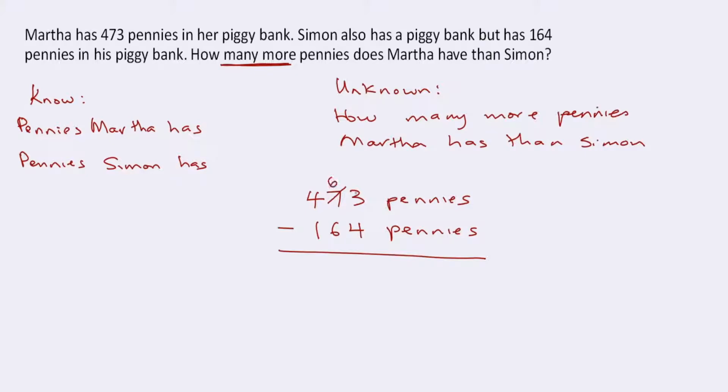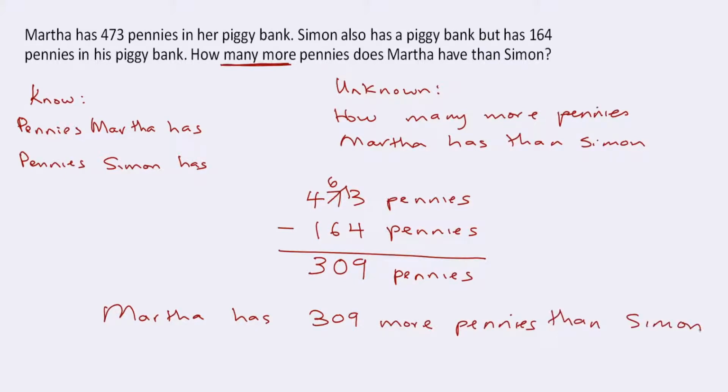We're left with 6 over here, and this becomes 13. 13 minus 4, we have 9. 6 minus 6, we have 0. 4 minus 1, we have 3. So Martha has 309 more pennies than Simon.